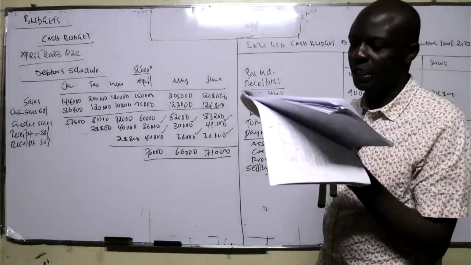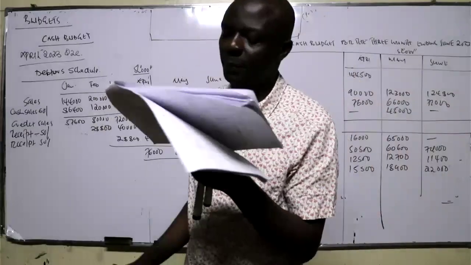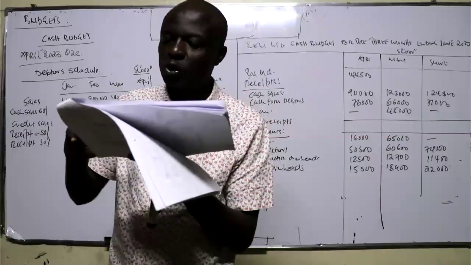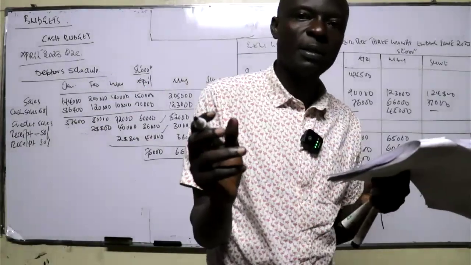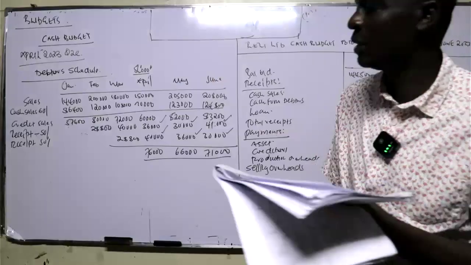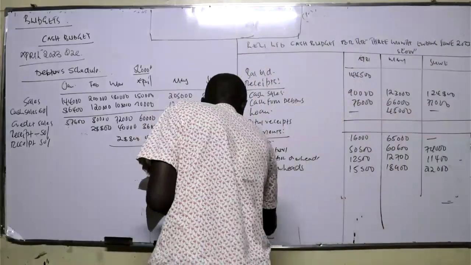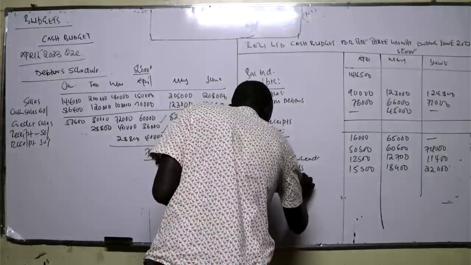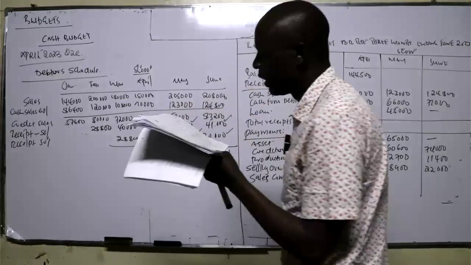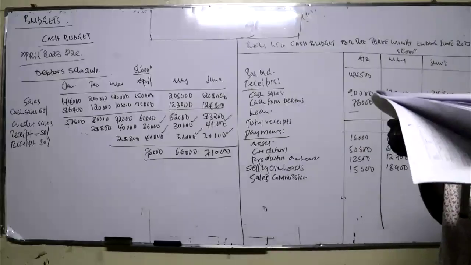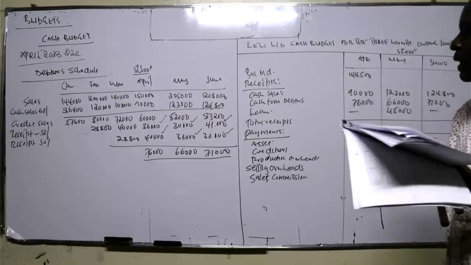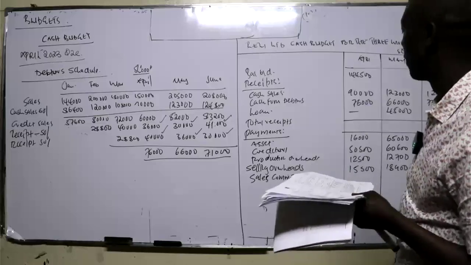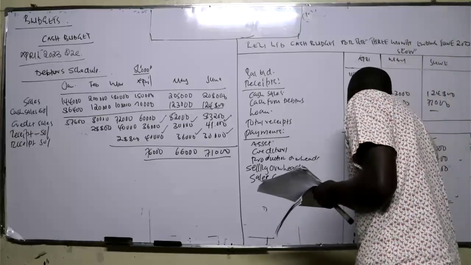Then we say that a sales commission of 3% on sales is paid in each month, isn't it? So the total sales every month attracts a sales commission of how much? So we have sales commission here. In the month of April, the total sales is how much? 3% of 150 is how much? 4,500.